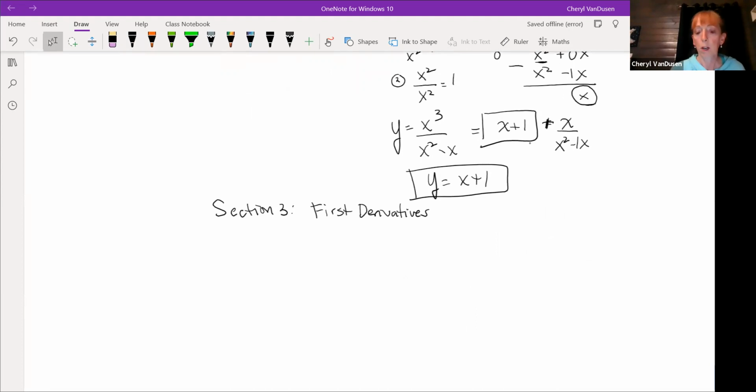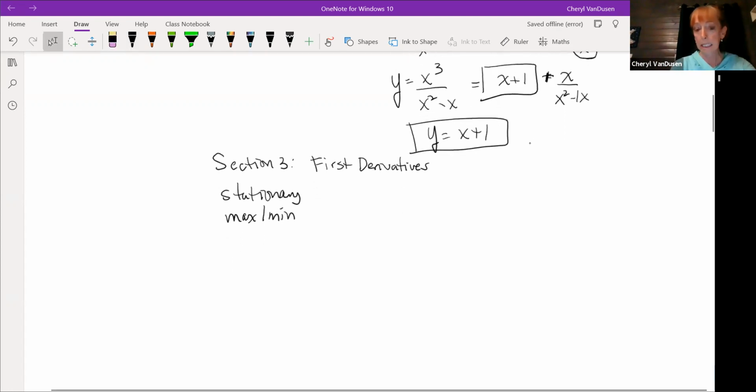First derivatives help us to find what are called stationary points, and then they help us to figure out whether they are maximum and minimum points. But I'm going to put that on hold for a minute, go to section 4 and talk about second derivatives, and then do a question that cycles back to first derivatives. So I'm just going to leave that there.